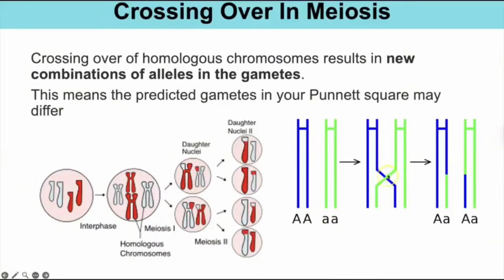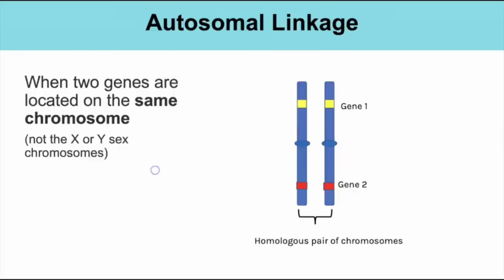The non-sister chromatids can cross over, get tangled, break and swap that section of the chromatid. And as a result, when you come to work out what gametes a parent might be able to produce, you get new combinations of alleles in the gametes. So that's the relevance here, because you might have thought, well, these parents could make these 2 alleles, but if crossing over happens, maybe they can actually make 4 different gametes.